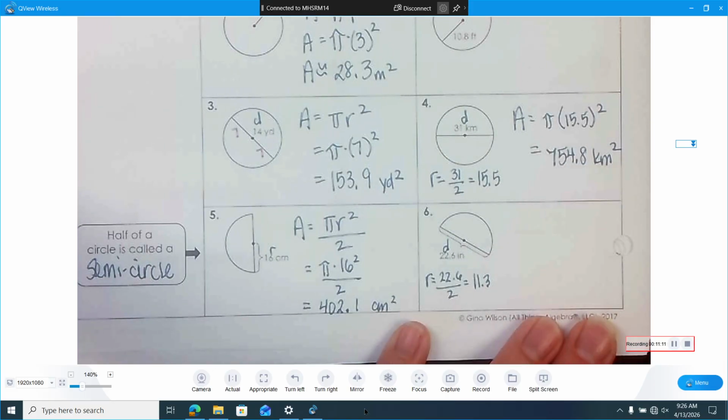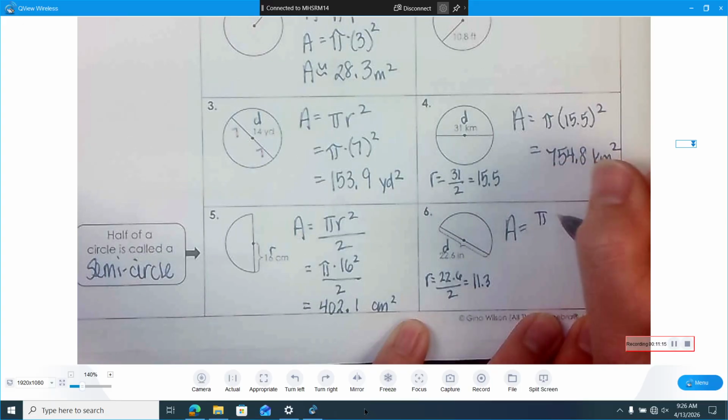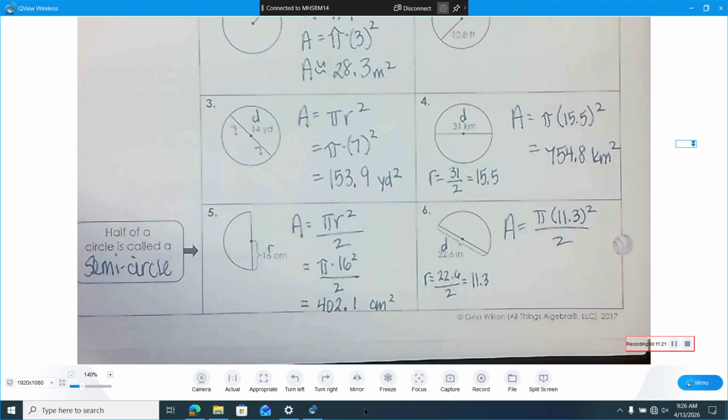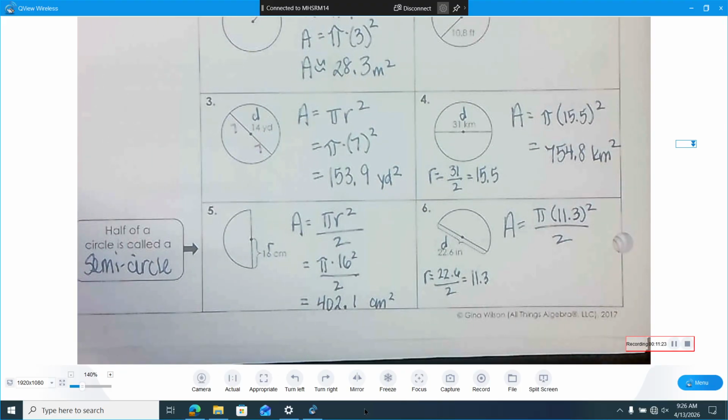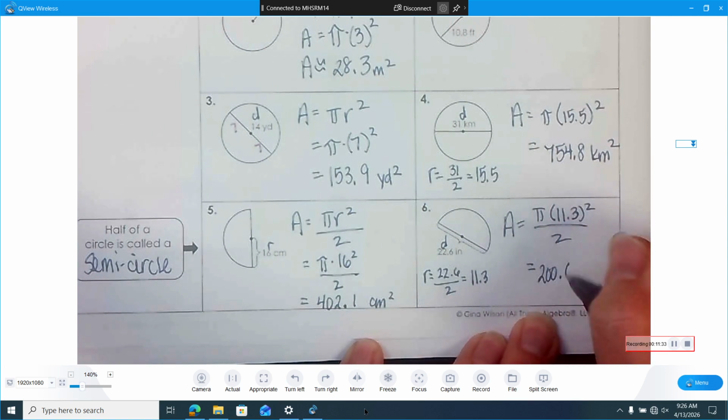All right, so our radius is 11.3, and if I want the area, pi times radius squared, but this is only half a circle, so we want to divide it by 2. It's so easy, isn't it? Kind of nice. All right, what's your answer for number 6? 200.6, and we're talking inches squared.